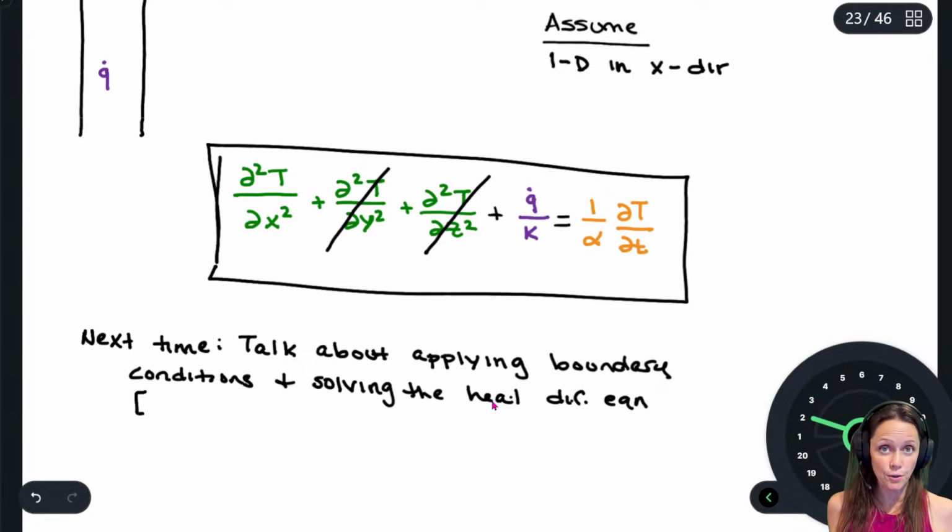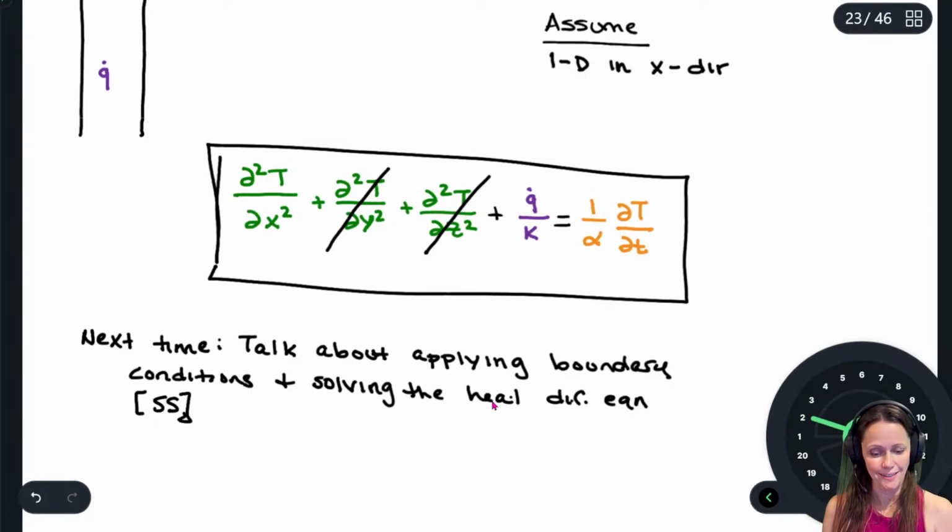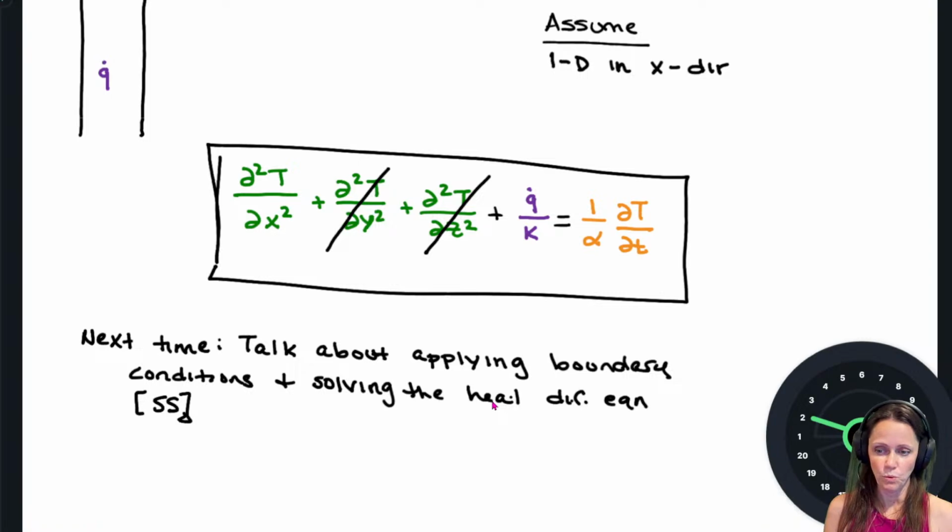For this unit, it's all going to be steady state, just be aware of that. It'll all be steady state and one dimensional. We'll introduce two dimensions, I think, in unit 2.